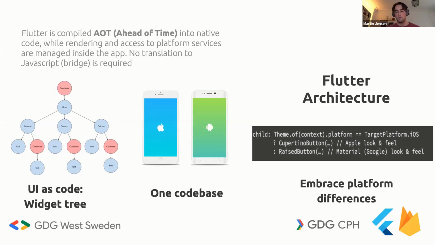Flutter also makes it very easy to know what platform you're on, so you can decide how the application should feel. If you want an iOS feel on an iOS phone, you can do a small check and then show the widget that you want to show.